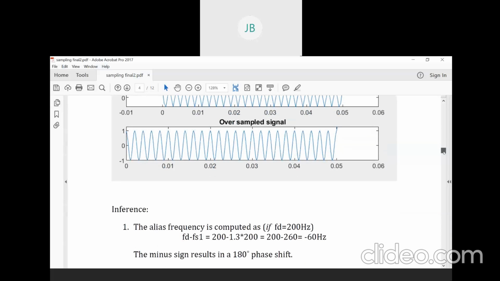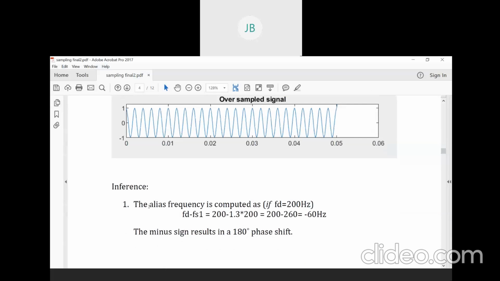Now we can make some inferences here. The alias frequency is computed as the difference between the input frequency and the sampling frequency. For example, if your input frequency is 200 hertz and your sampling is done at 1.3 times the input frequency, you get a difference of 60 hertz. The negative sign represents a 180-degree phase shift.